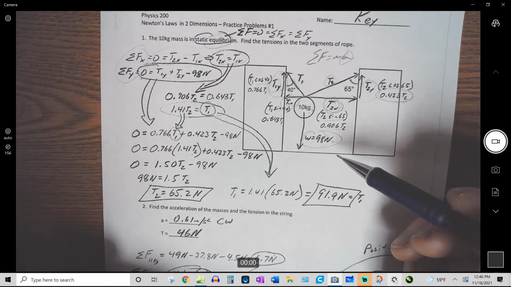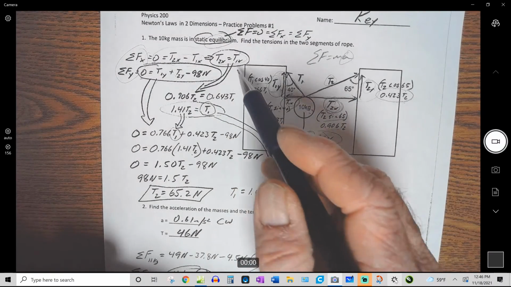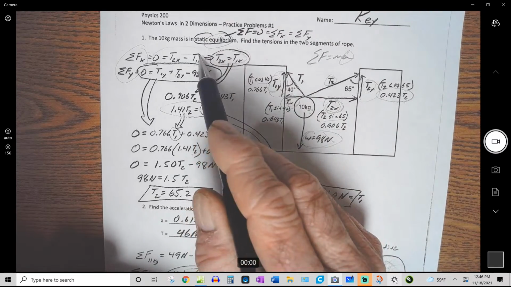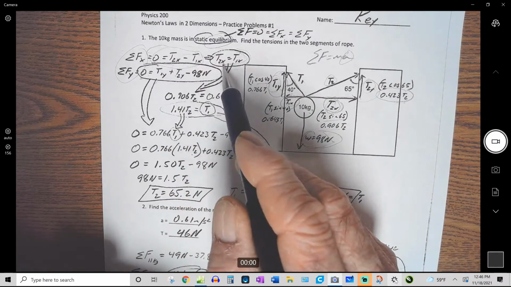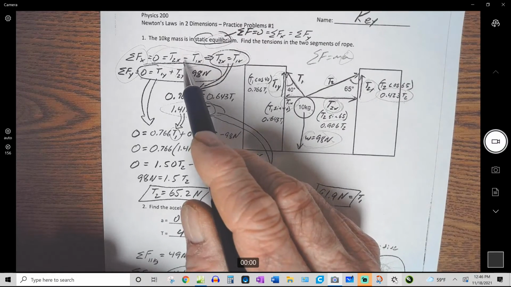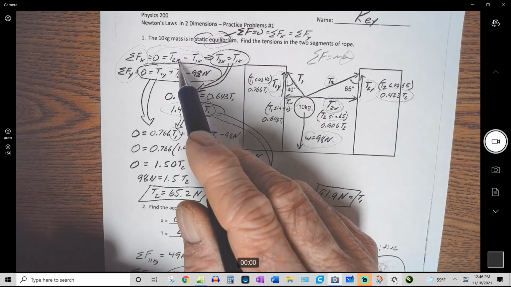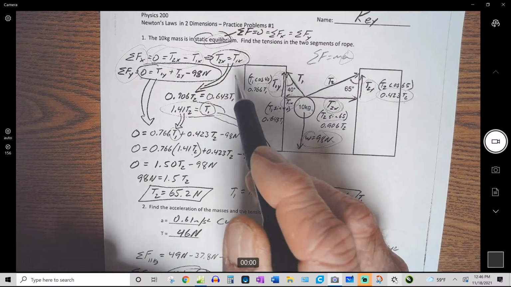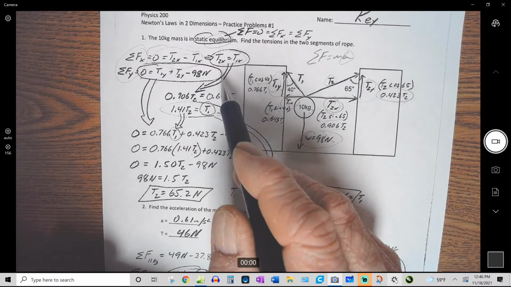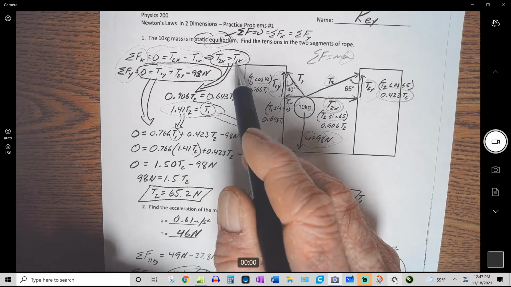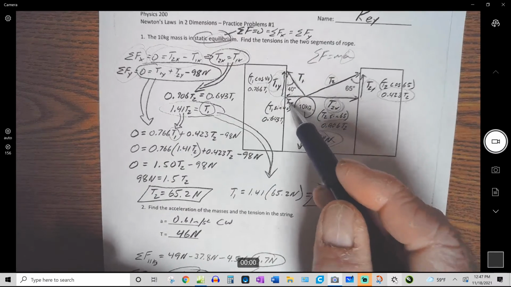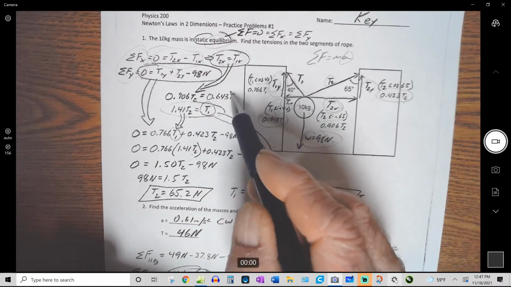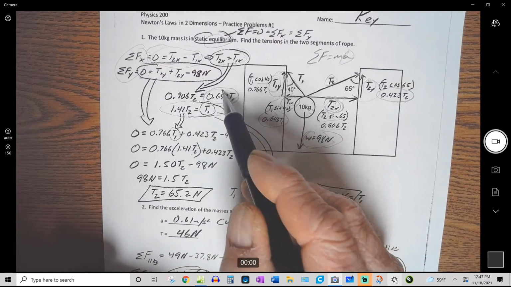And now I'm going to substitute a bunch of stuff. So I'm taking this first equation. I've just added T1x to both sides and then flipped it around. So T1x is 0.643 T1. So I plugged in 0.643 T1 there for T1x.